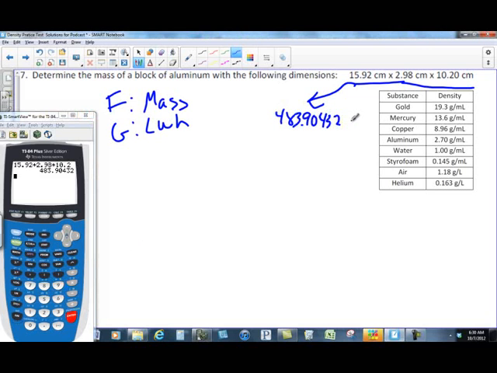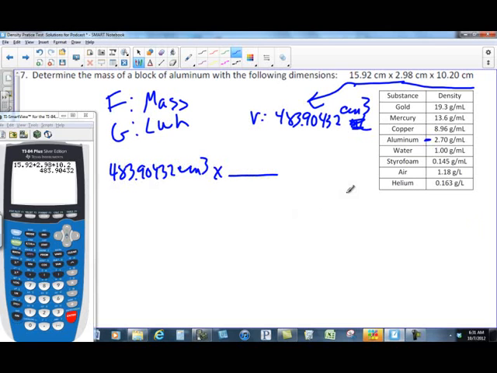So my volume is 483.90432. Now again, I want to carry my sig figs, and whoops, not milliliters, it's centimeters cubed. Okay, so that's my volume. If I'm trying to find mass, I'm going to start with my volume, 483.90432 centimeters cubed, and my density of aluminum is 2.70 grams per milliliter.